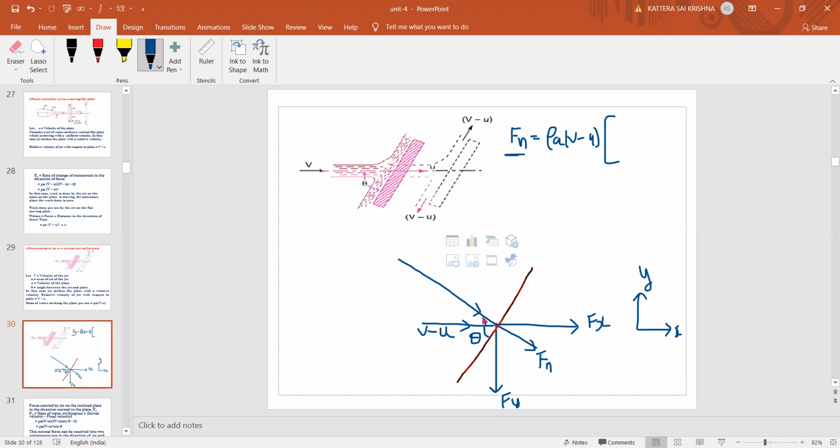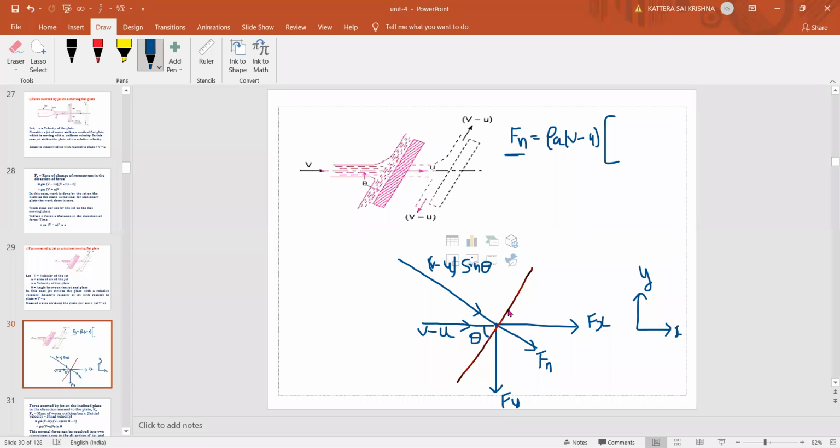So this v minus u we need to resolve in this direction. Taking the angle into account, it becomes v minus u sine theta, right?